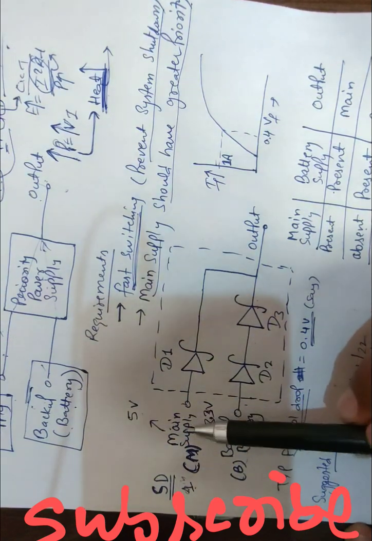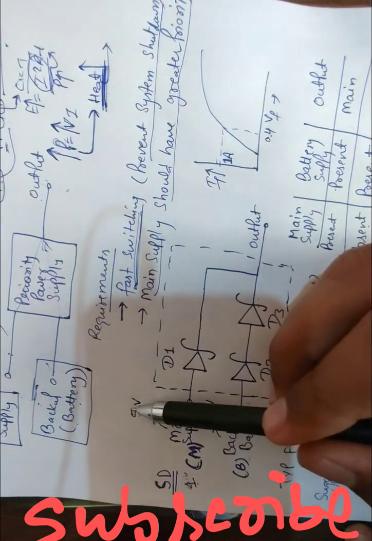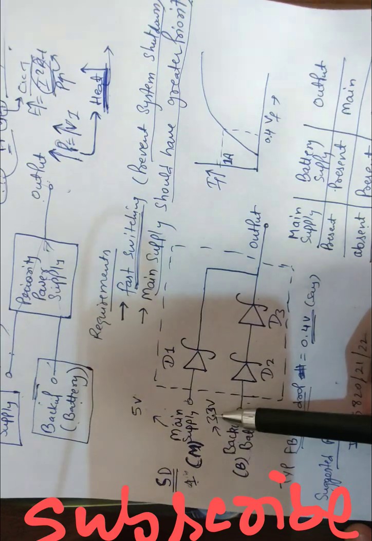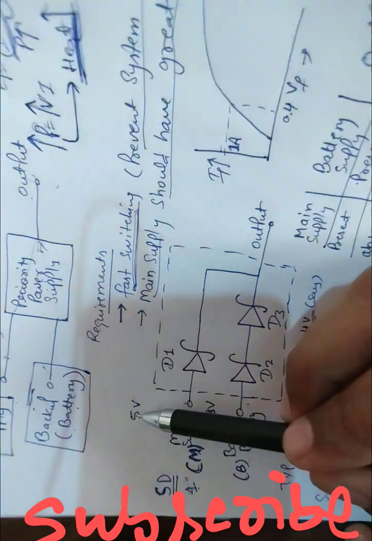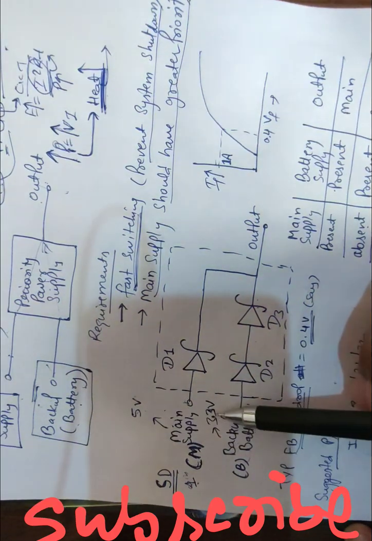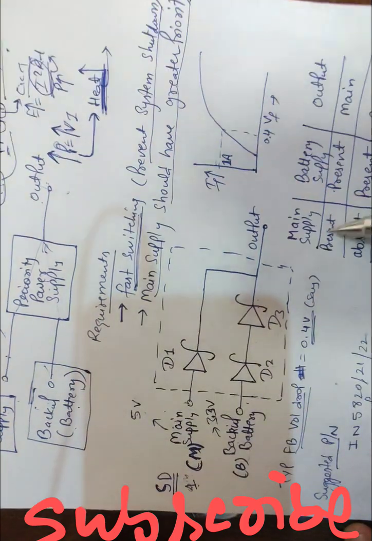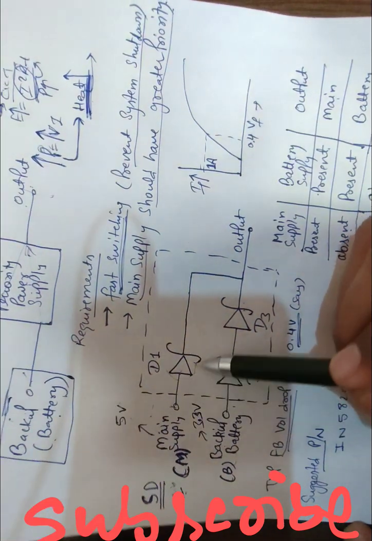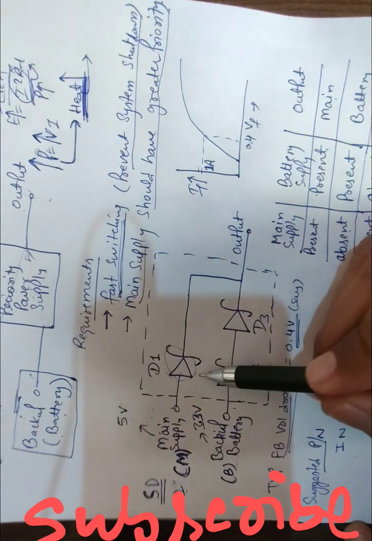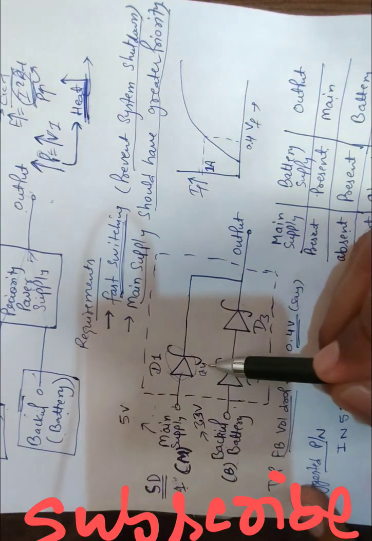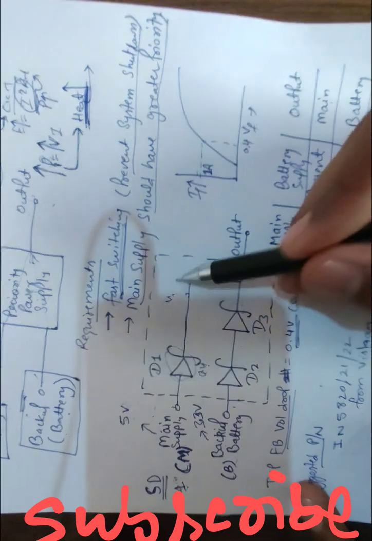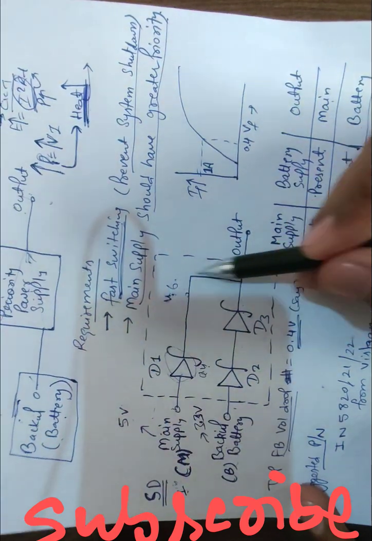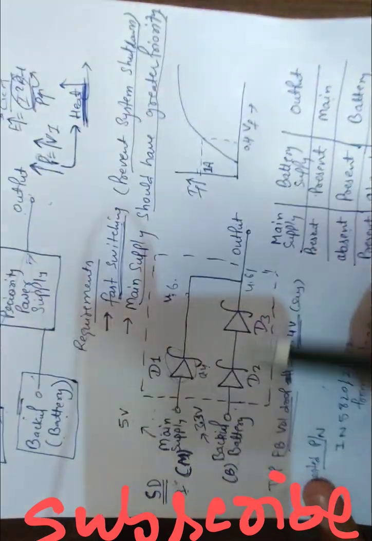So what is happening here? If you consider, for example, 5 volt as the main and 3.3 volt as the battery backup, when both the 5 volt and 3.3 volt are present, the output should be main. If I consider this diode is conducting, 0.4 volt will be dropped here and I will get 4.6 volt here.